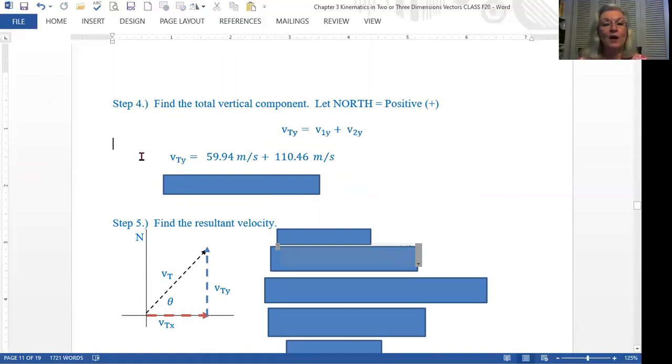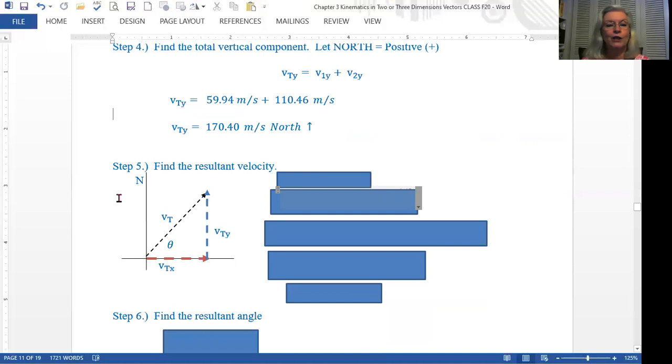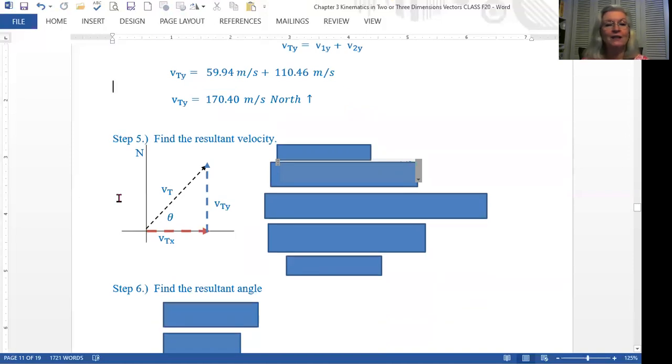So V1y is 59.94 meters per second and V2y is 110.46. And when you add them together, you get 170.40 meters per second. It is a positive number, so we know it goes north. We are getting close to the answer.